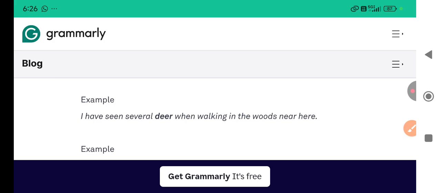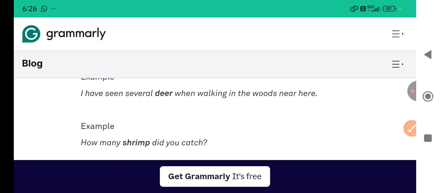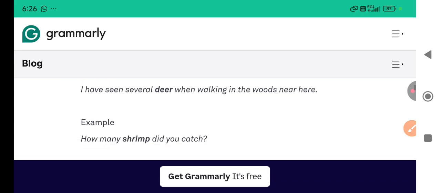They do not have a different plural form. For example, I have seen several deer when walking in the woods near here. There is no separate plural of deer.